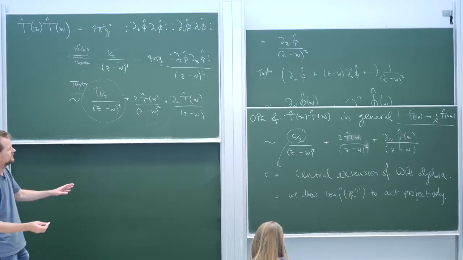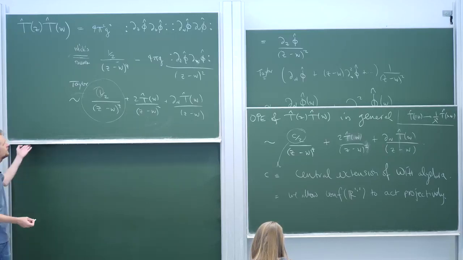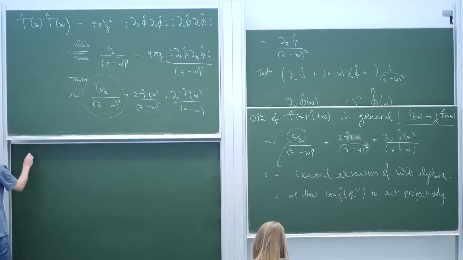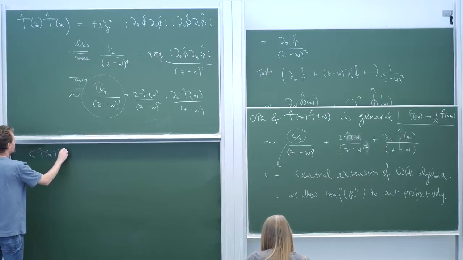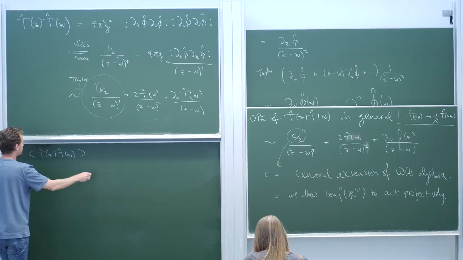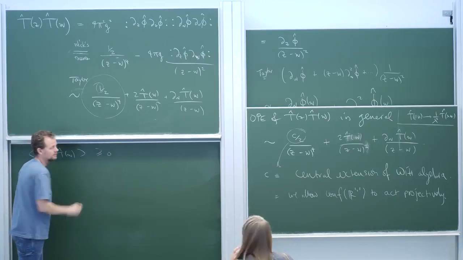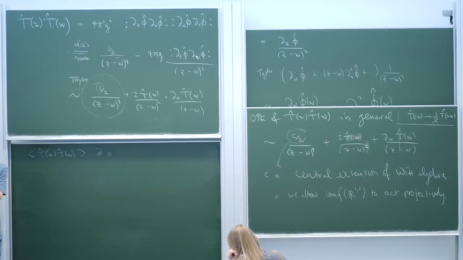And you can see that rapidly, intuitively, by taking a vacuum expectation value. This should be greater than 0, because it's got to do with the fact that T is the energy. The interpretation is the energy, translation in time.